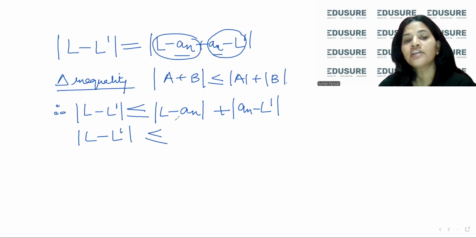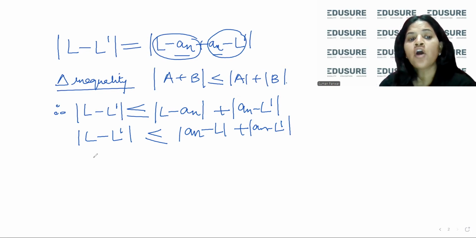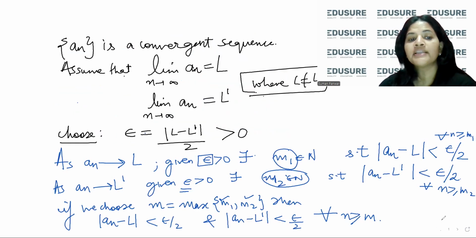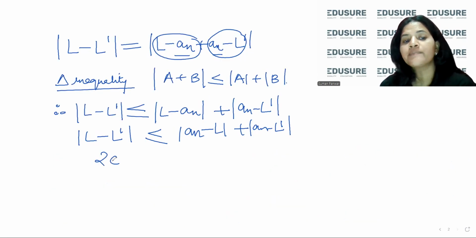So |L - L'| is less than or equal to, now what is |L - a_n|? I can write this as |a_n - L|, because the modulus absorbs the negative sign, plus |a_n - L'|. Now we have already assumed |L - L'| to be 2 epsilon.